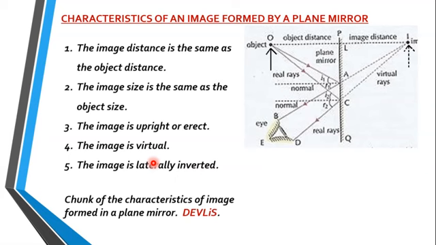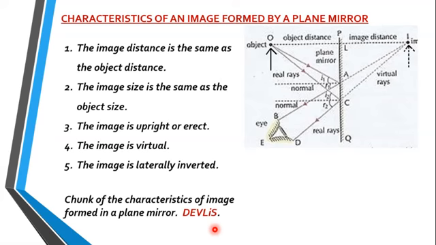V means it is virtual. Now the LI, the I is small, and it's laterally inverted. It means one characteristic can be obtained from LI. Then S is for size. So remember this word, DEVILISH, as a way of remembering the characteristics of an image formed by a plane mirror.